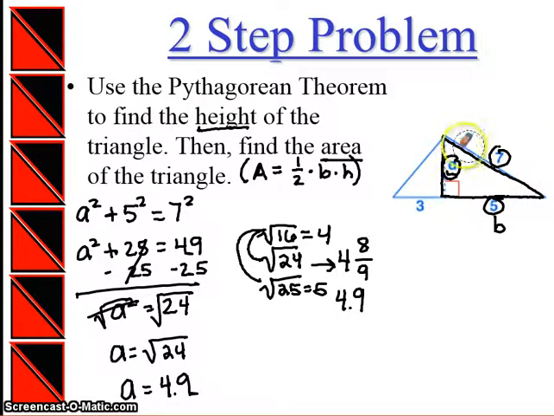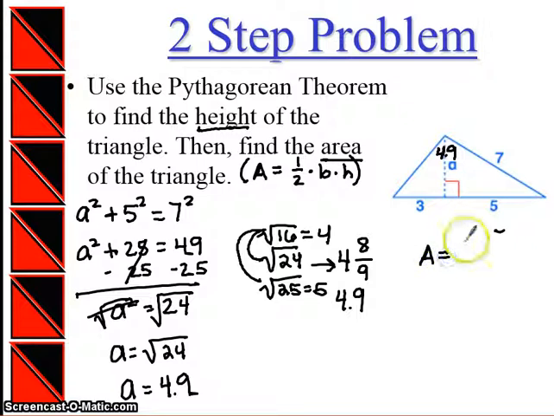So now we know our a, because we used the Pythagorean theorem, we know that a is 4.9. We can now figure out the area by substituting values. The area equals 1/2 times the base, and if you look at the entire base, it's 3 and 5, which is 8, times the height, which is 4.9.